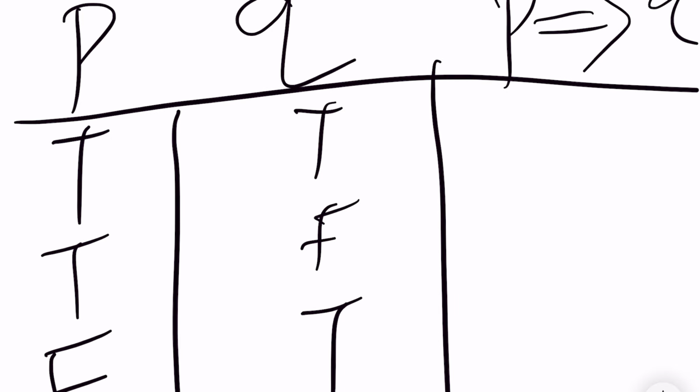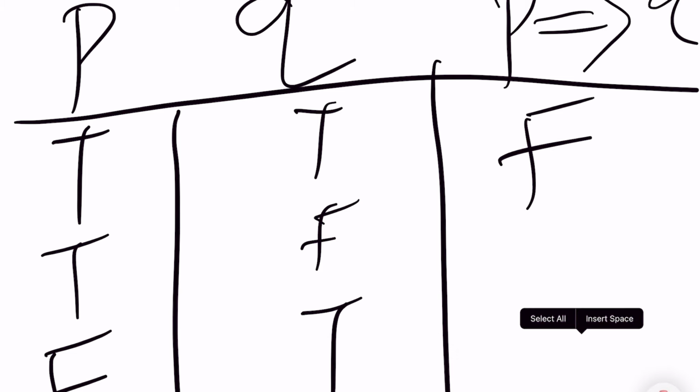For a conditional statement, when P is true and Q is true, it is true. When P is true and Q is false, then it is false, because a conditional statement is if-then. If P is true and Q is false, then P to Q is false.